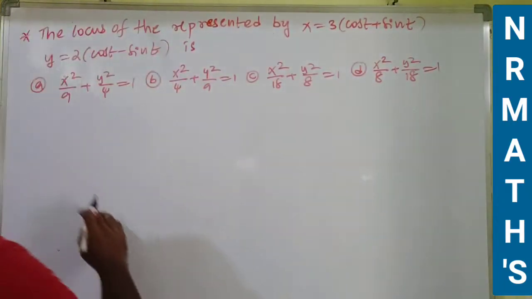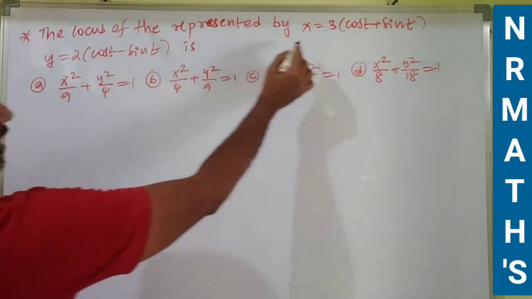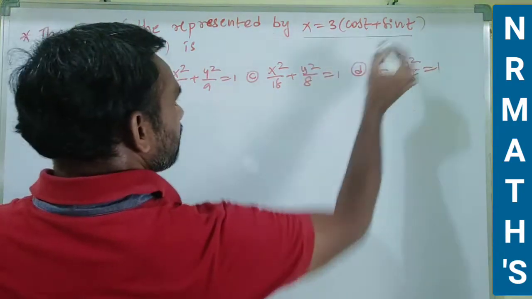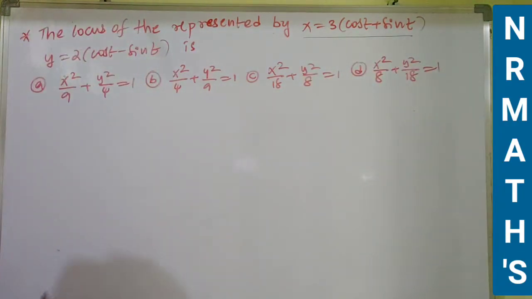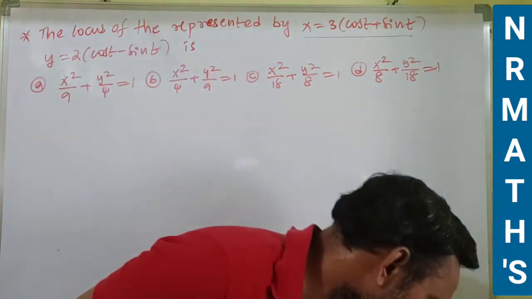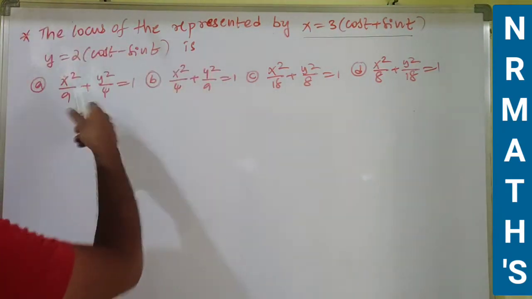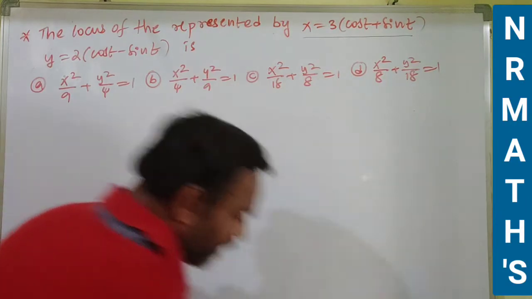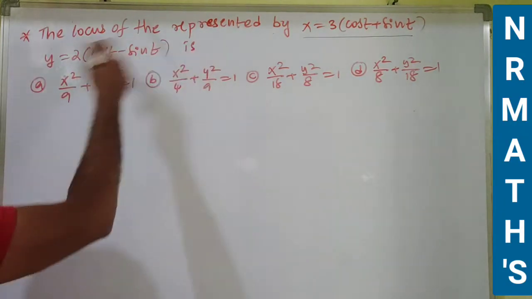Next one: the locus represented by x is equal to 3 of (cos theta plus sin theta) and y is equal to 2 of (cos theta minus sin theta). Now find out the locus of x and y.